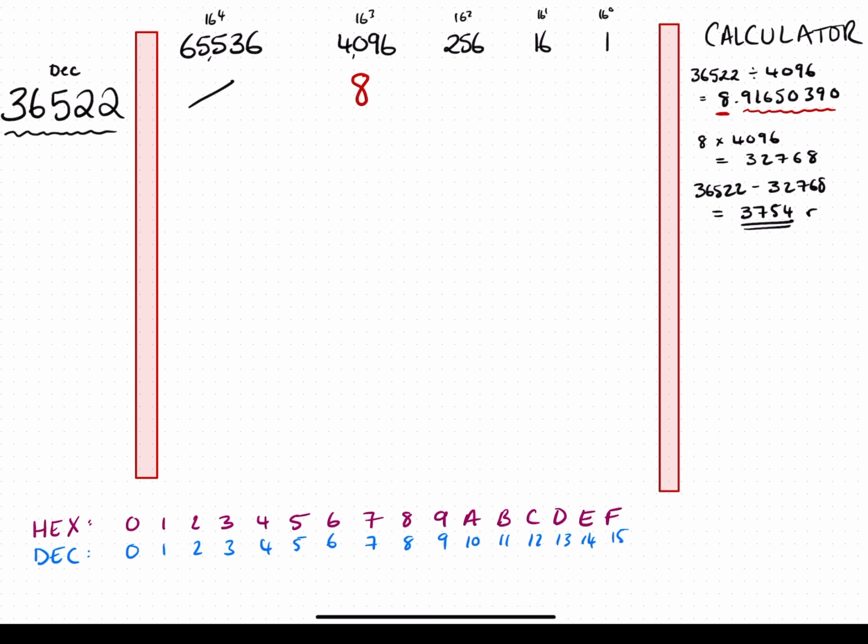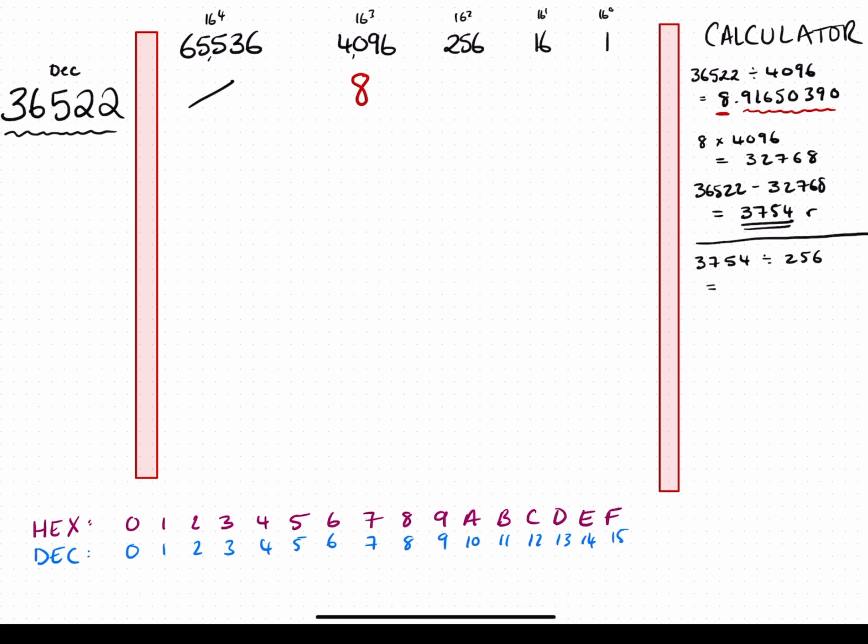The next number along is 256, which is 16 squared, and so I repeat the process. I need to know how many 256s are in 3,754. I go to my calculator, and it's 3,754 divided by 256.